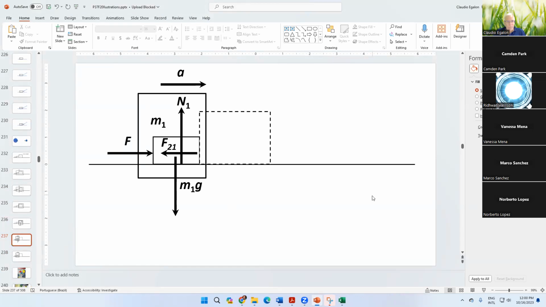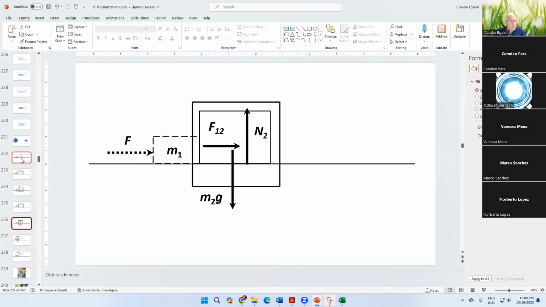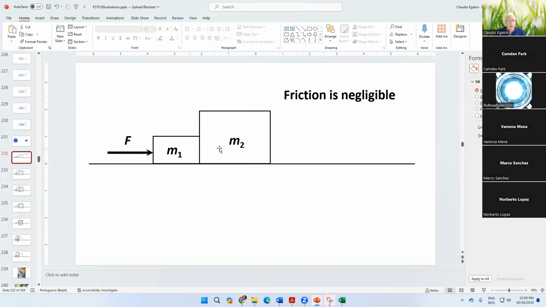But why is force 21 on the small box going in the opposite direction compared to the big one? Because of Newton's third law of motion. Those two objects are interacting with one another. This object is applying a force to the right on object number 2.